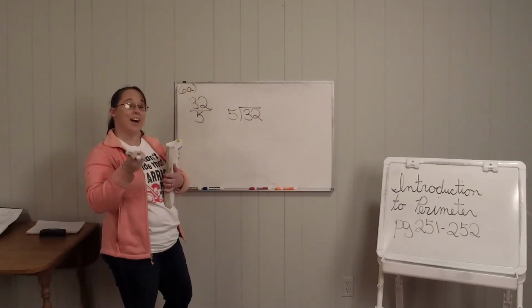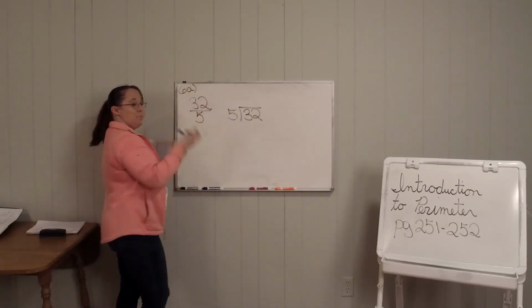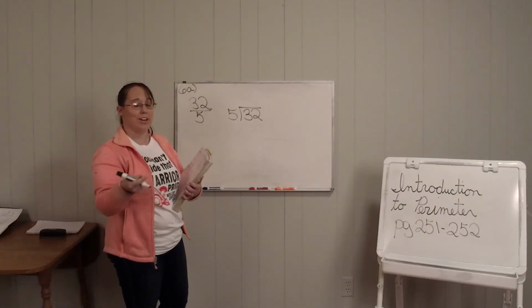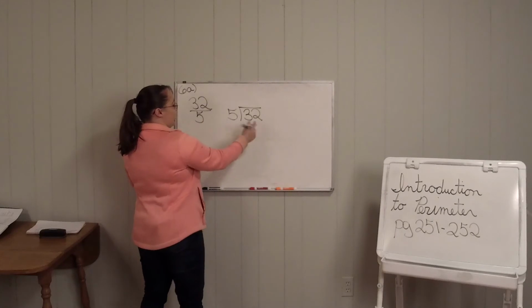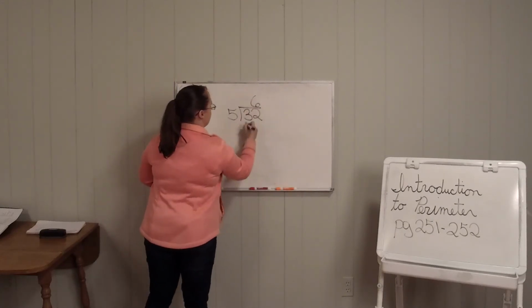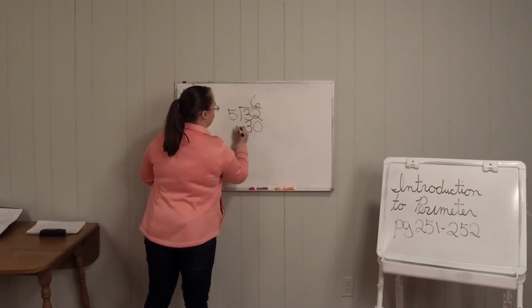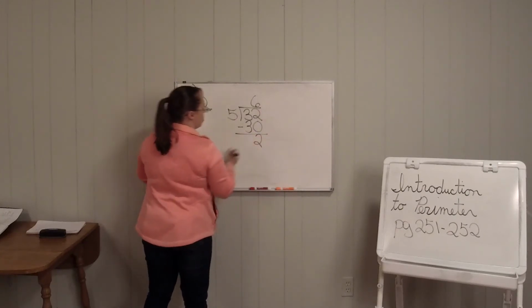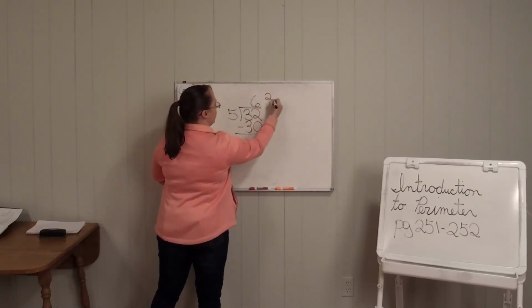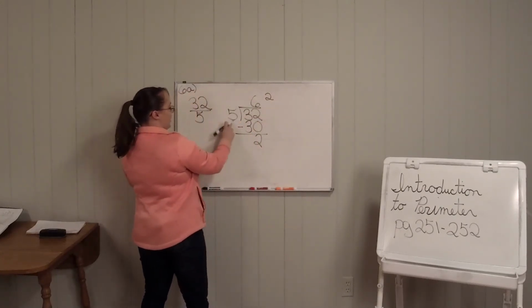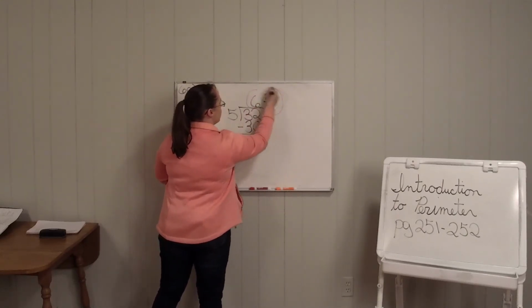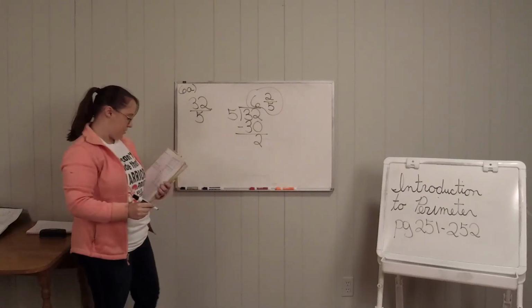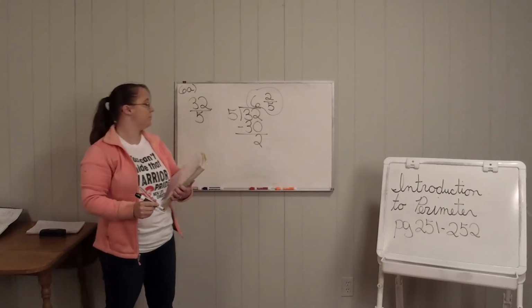So when you divide, how many times can 5 go into 32? It's 6. That's 30. Bring down your 2. 2 is your numerator. You're going to keep the 5 as your denominator. And your answer is going to be 6 2/5.